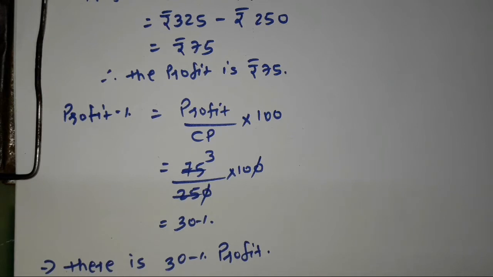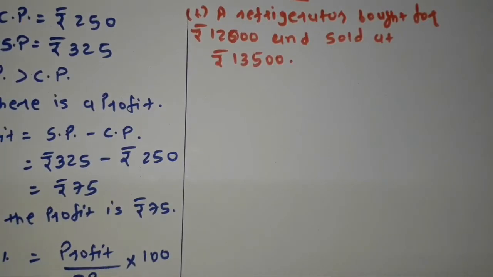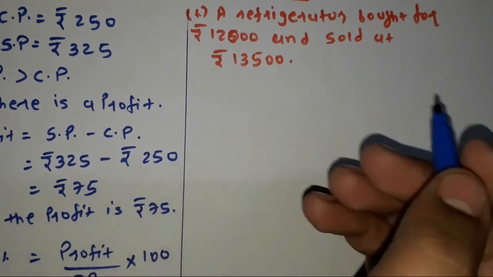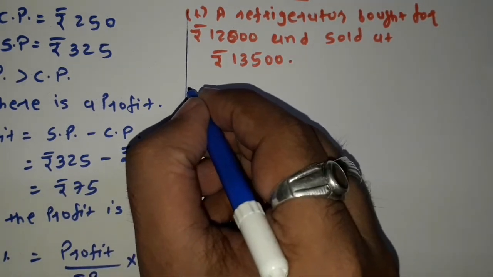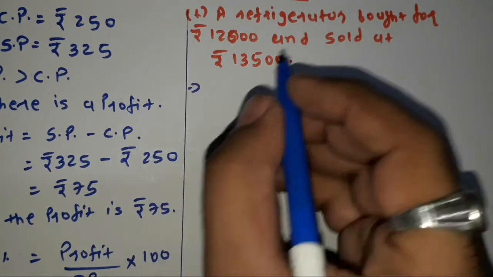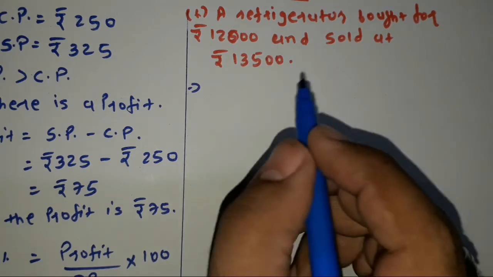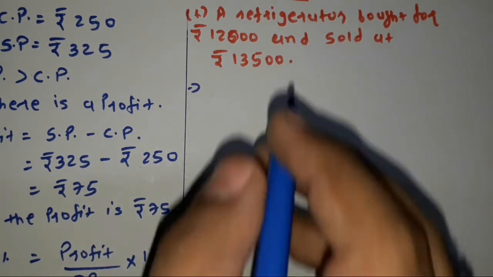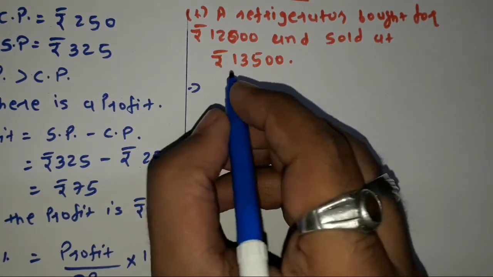Now similarly, moving to the next one, the second question is: a refrigerator bought for rupees 12,000 and sold at rupees 13,500. As we did in the previous sum, our first step will be to write: a refrigerator bought for rupees 12,000. That means this 12,000 is what? It is our cost price.